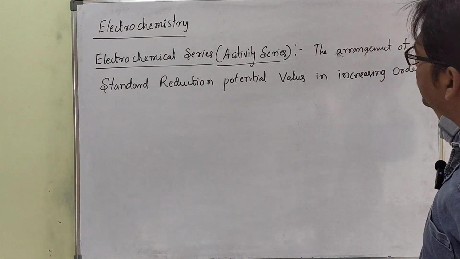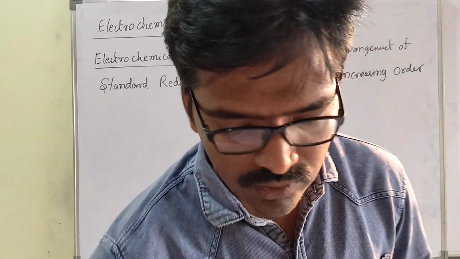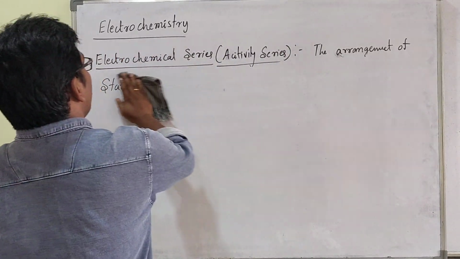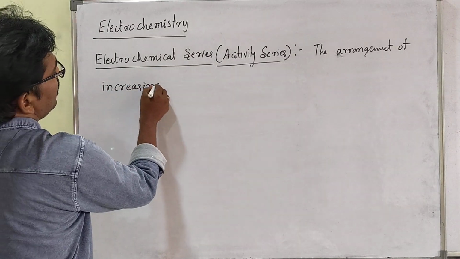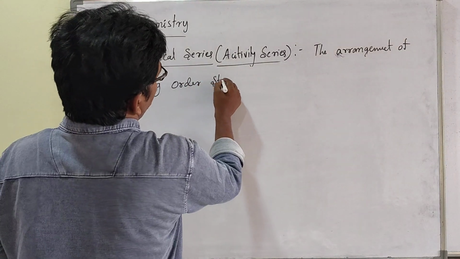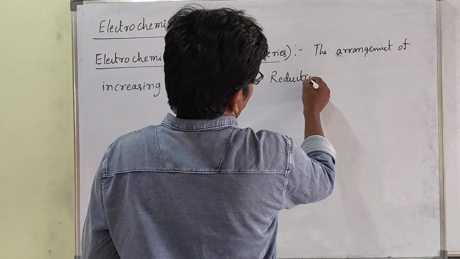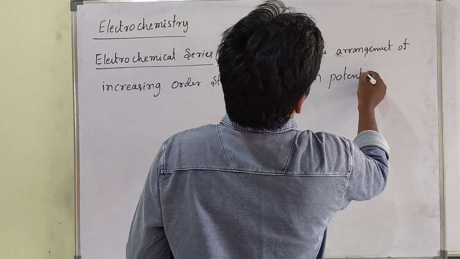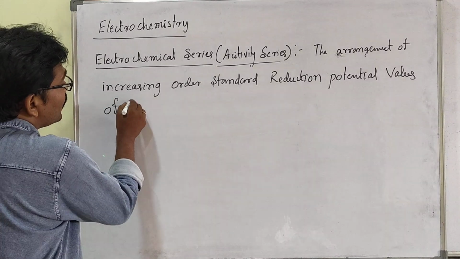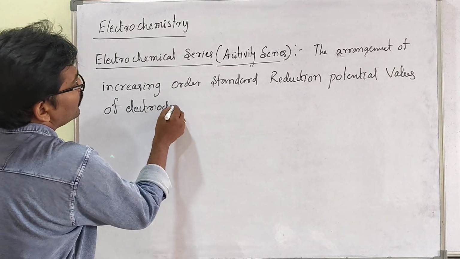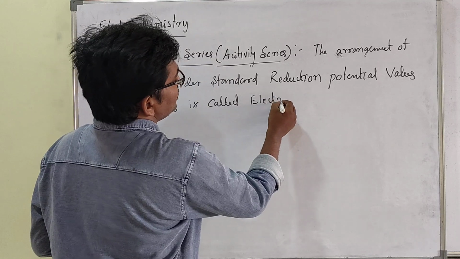The arrangement in increasing order of standard reduction potential values of electrodes is called electrochemical series.